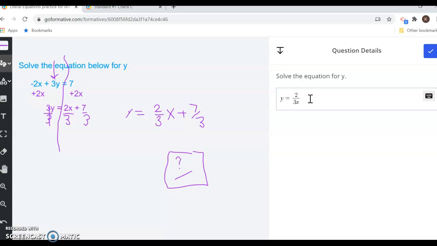Okay, that's a completely different thing. It means something different. So get that out of the bottom. So put that x on the side plus, and then 7 backslash 3. So that backslash is going to give you that fraction in the Go formative. And that's a level 3.